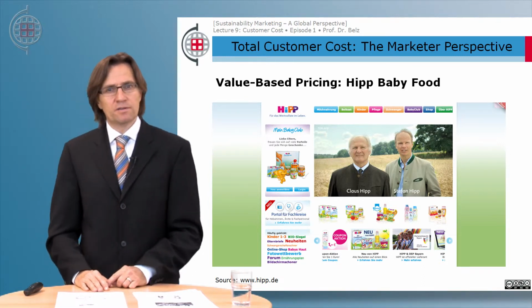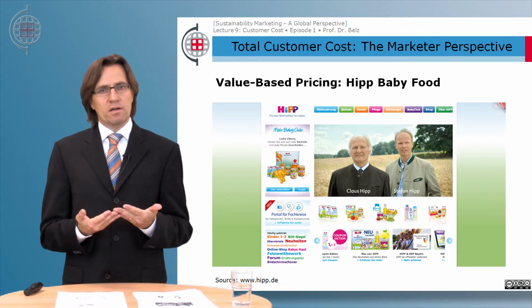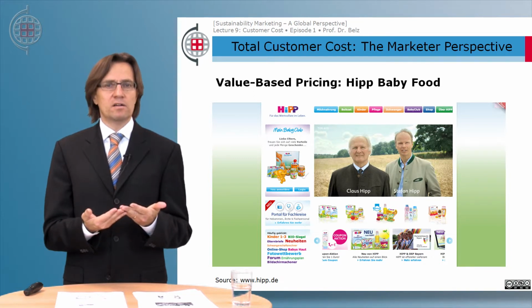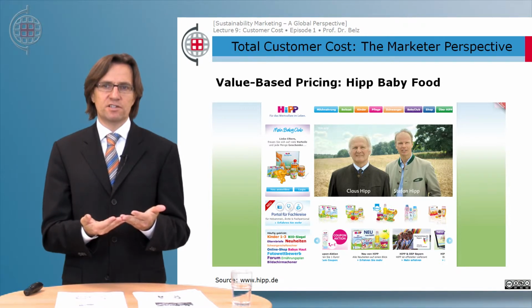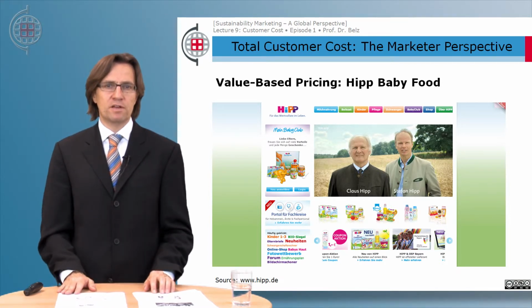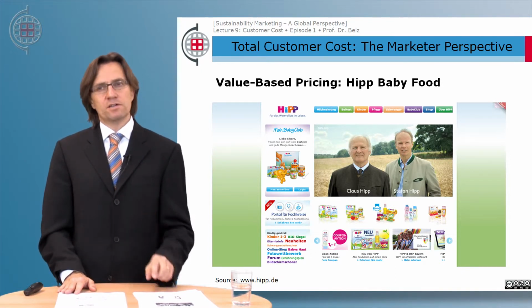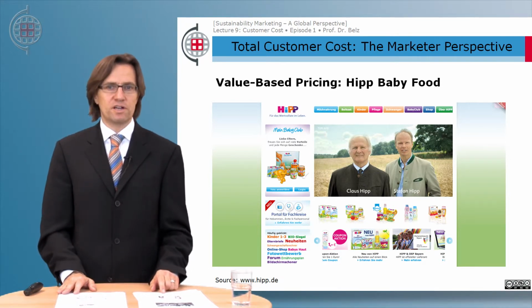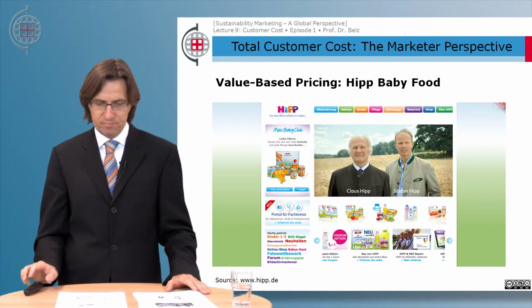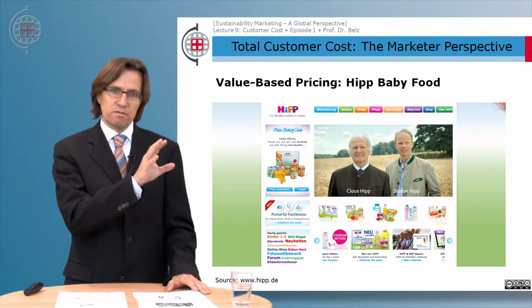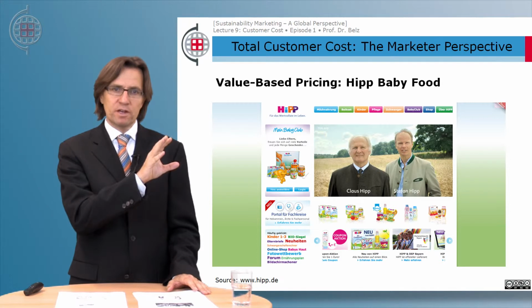Baby food is a market where sensitized young parents really care for their children and they are willing to pay a high price for organic baby food, which is tasty and which is free of residuals, as Klaus Hipp and Stefan Hipp say and claim in their name. So they start with the value of the product, the high value, and go from there.